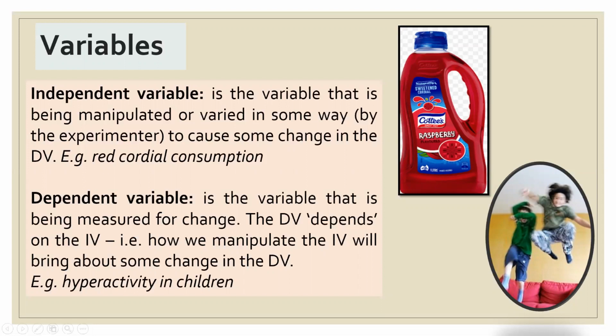And then I'm going to assess how hyperactive they are. Because if I give my kids 500 mils of cordial and they're still pretty quiet, then I might think maybe my hypothesis is not going to be supported, because it doesn't really look like 2 glasses of cordial is causing them to get hyperactive.